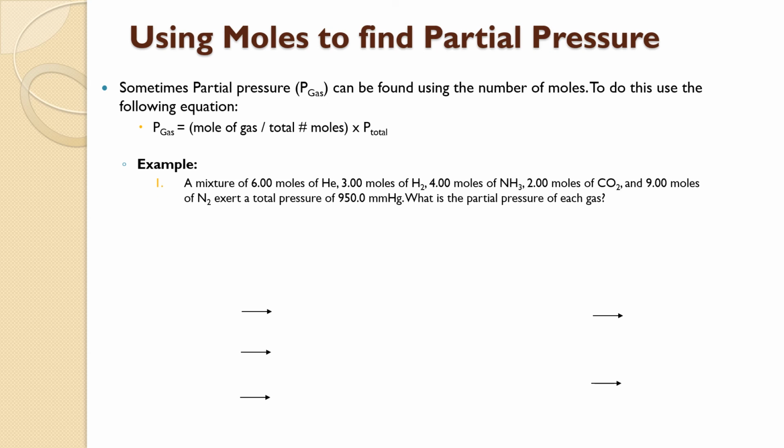So I took 6 moles, divided that by 24, and multiplied it by 950 millimeters of mercury. When I did that, I came out, as you follow along to the right, with a partial pressure of the helium of 237.5 millimeters of mercury.